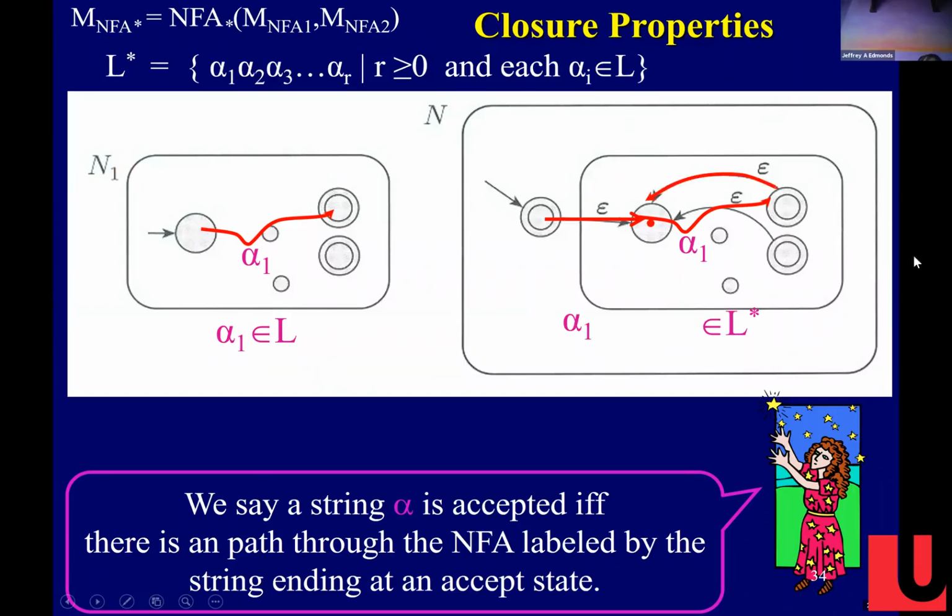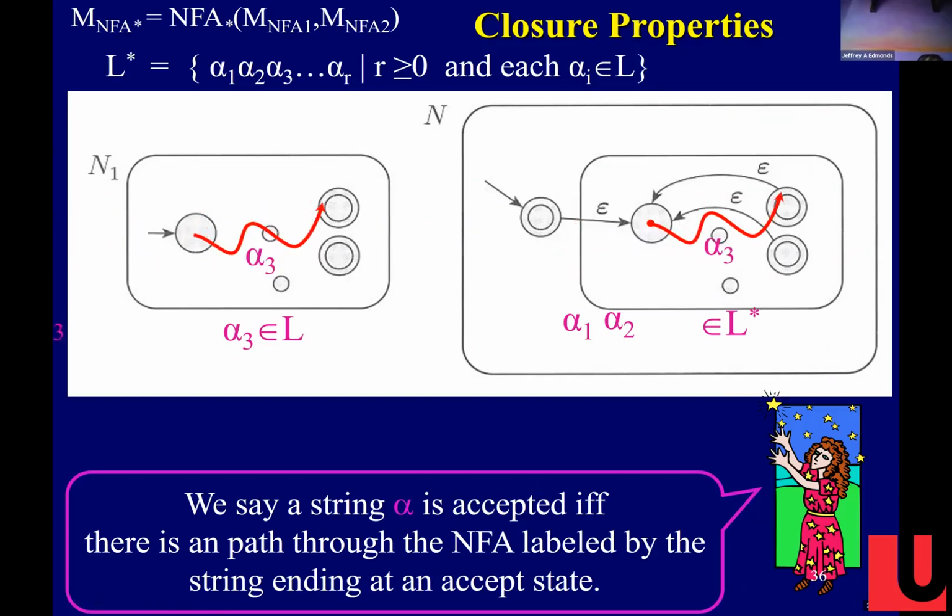But we might want more stuff, right? So we're going to come back up to the big start state again. Let's say now there's an alpha 2. If alpha 2 is in the language, then there's a path here following alpha 2. So we follow that alpha 2, and now we know that alpha 1 alpha 2 is in our L star. Maybe we want to keep going, so we take an epsilon transition up here and say, oh, now there's an alpha 3, so we read an alpha 3.